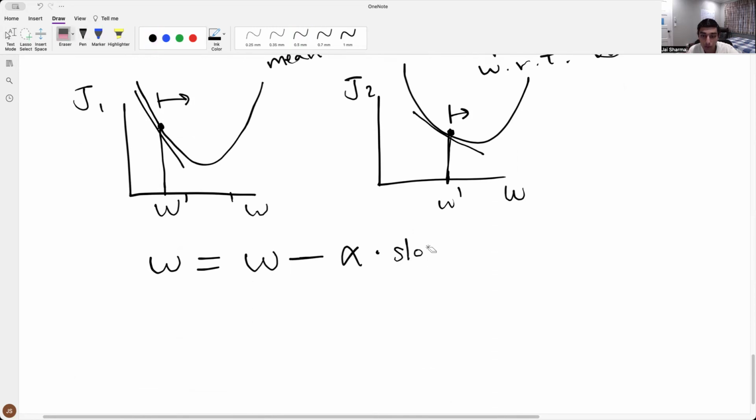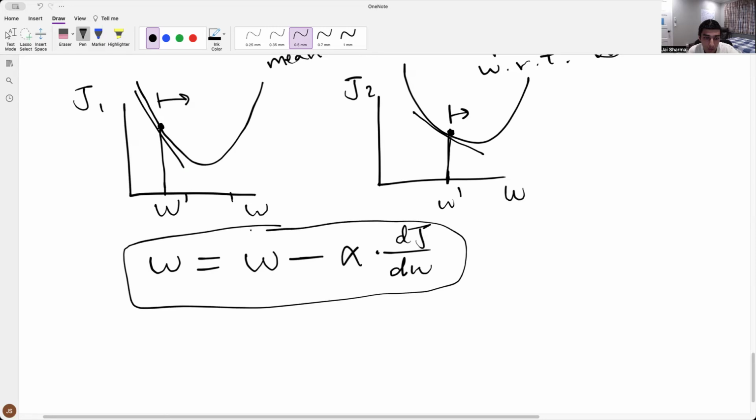But now instead of using the word slope, we're actually going to just write dJ/dW. And so this is what we call the update function. This is the update function for W.